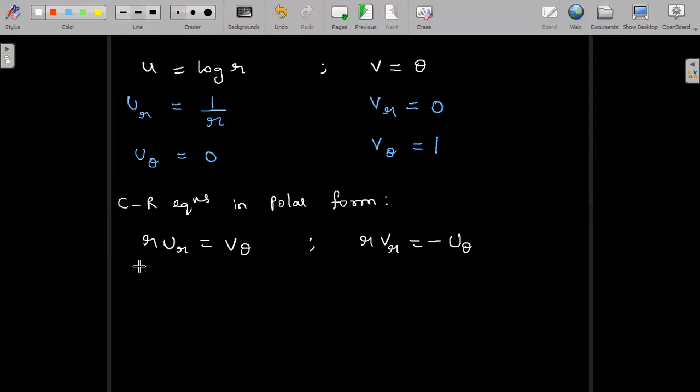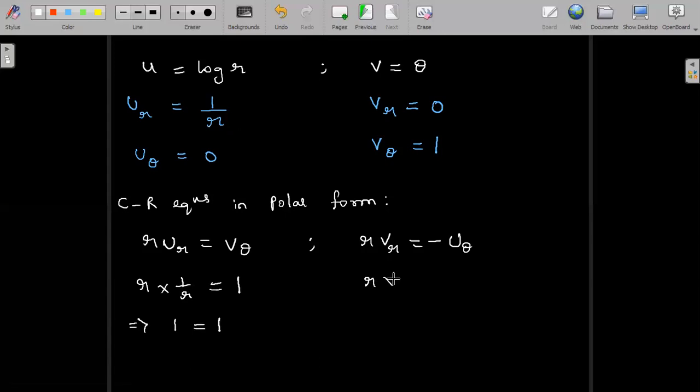Let us check, because we cannot directly see it by cross multiplying. So we substitute the r u_r and v_theta terms. r into u_r gives us r into 1 by r, which is equal to v_theta, which is 1. So r into 1 by r becomes 1, and we have 1 is equal to 1.